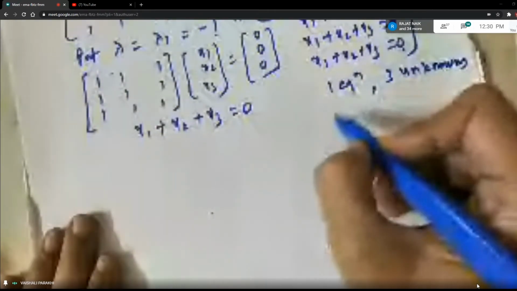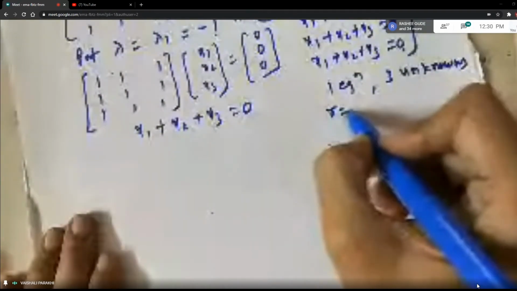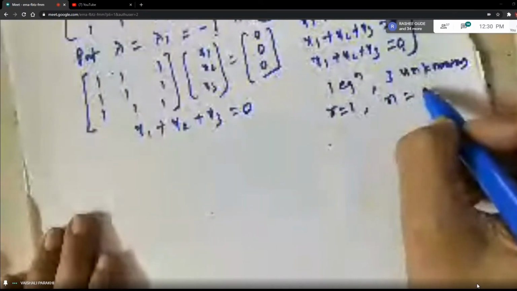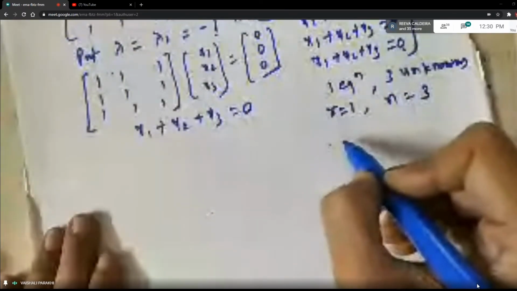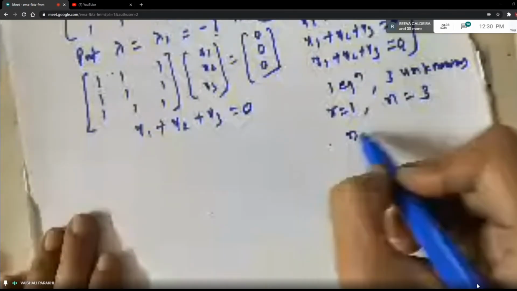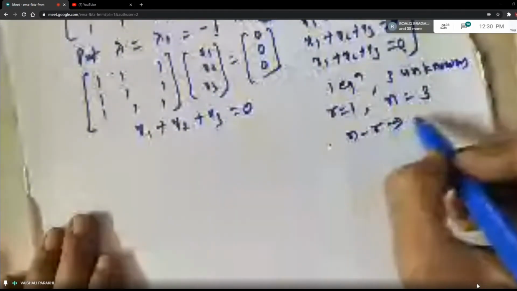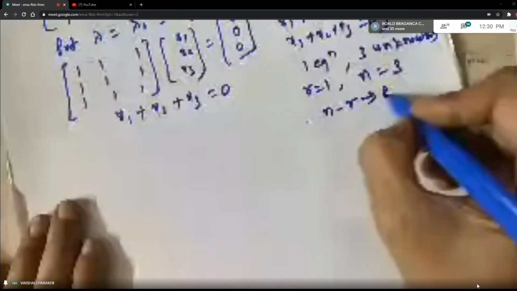Suppose R stands for the number of equations and N stands for the number of unknowns. Then you have to take N minus R random variables.